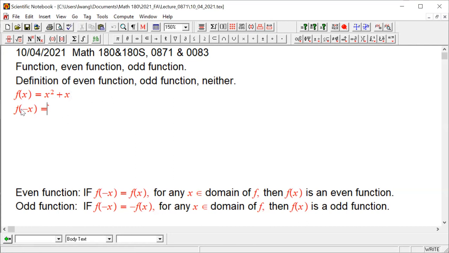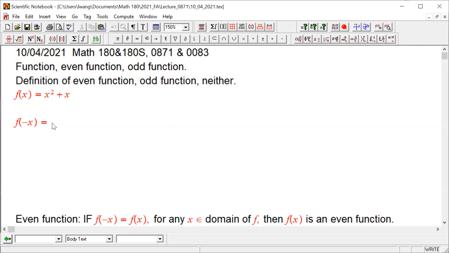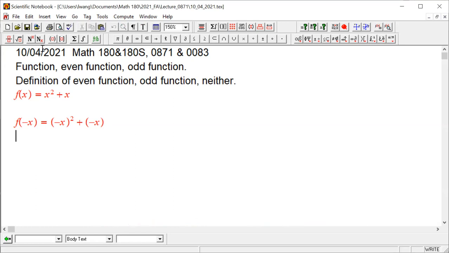So f of negative x. According to the rule of the function, f of negative x is going to be negative x squared plus negative x. And then what do we get?